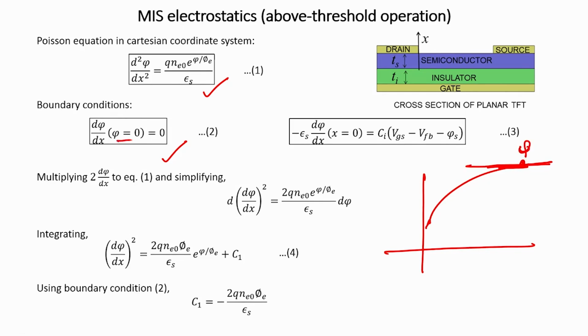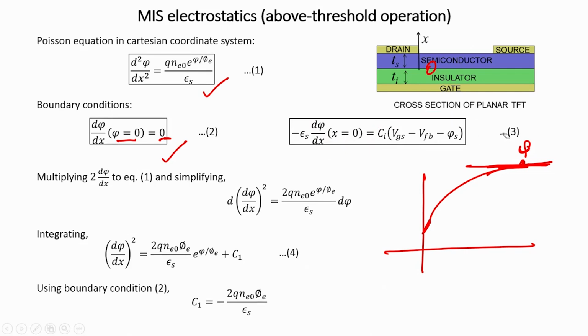So, when phi is 0, you have a 0 electric field, that is when the bands become flat. The second boundary condition has to do with the interface, and what we say there is that the electric displacement, which is the permittivity times the electric field at x equal to 0, is given by Ci into Vgs minus Vfb minus the surface potential. So, that is the second boundary condition.